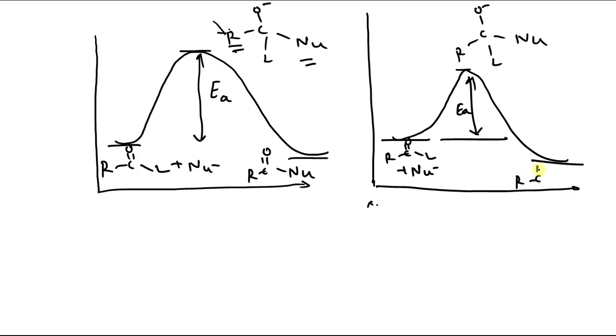If R is an electron donating group, then the energy of this transition state will be high, so the activation energy will be high and the reaction will be slower. If it is an electron withdrawing group, then the energy of this transition state will be lower and the activation energy will be less. That is how you can easily understand it with the help of energy level diagrams.